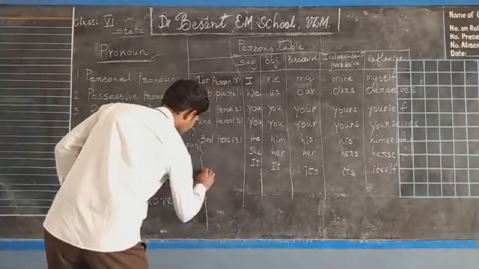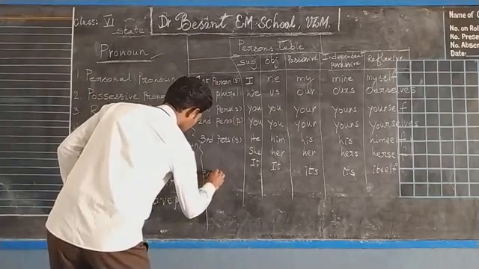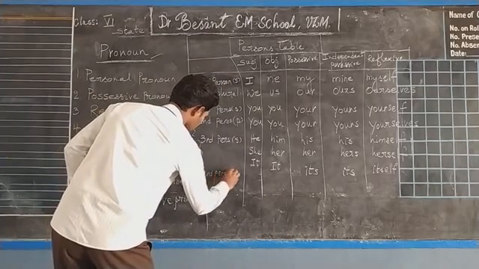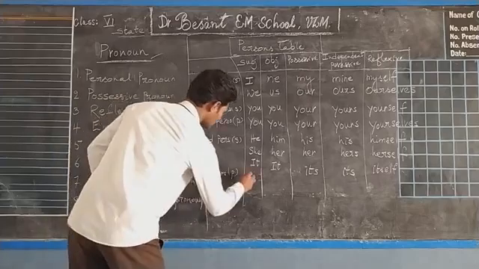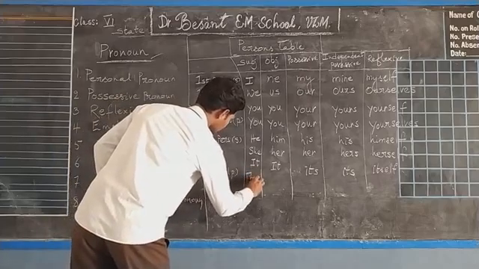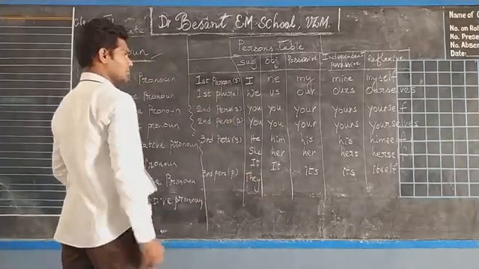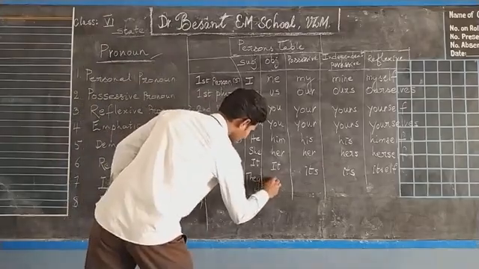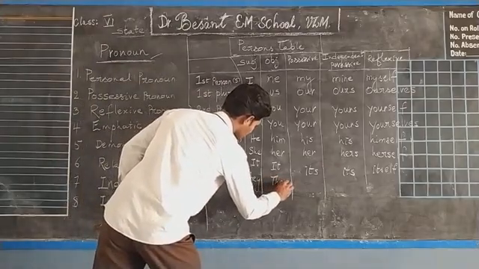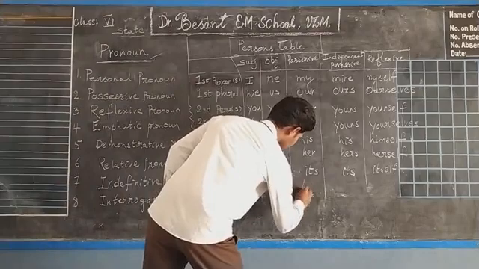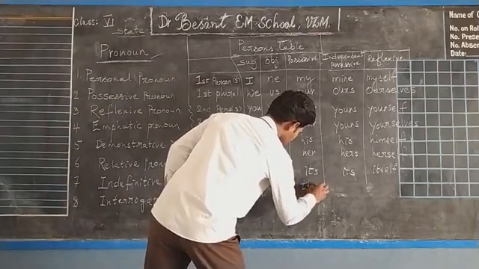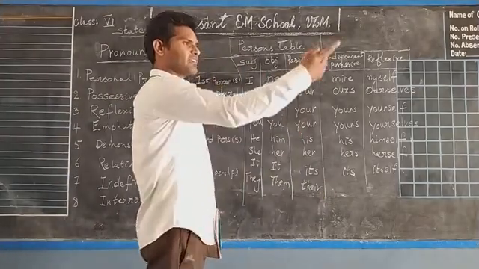And third person, plural form. They is used in the place of the subjective case, and them is the objective case. Their is a possessive. It is their book. It is their ball.